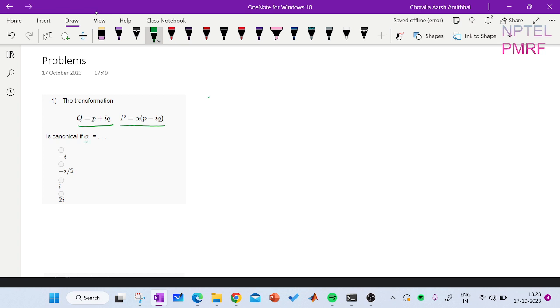So again, we know that the Poisson bracket of new q and new p with respect to old q and p should be 1, which means derivative of Q with respect to q and P with respect to p, minus Q with respect to p and P with respect to q. This should be 1. Now let's just put the expression.